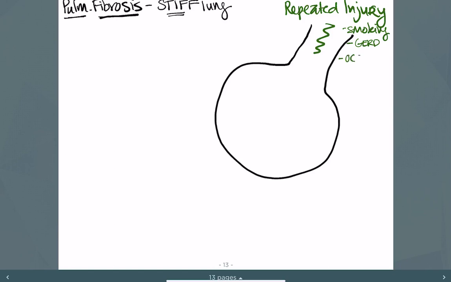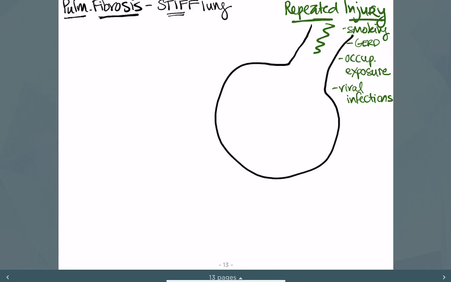There's a lot of occupational exposure. This used to be called miner's lung because it was so common in workers working in the mines. Repeated viral infections could be on this list. Something is repeatedly causing an injury in the lung.